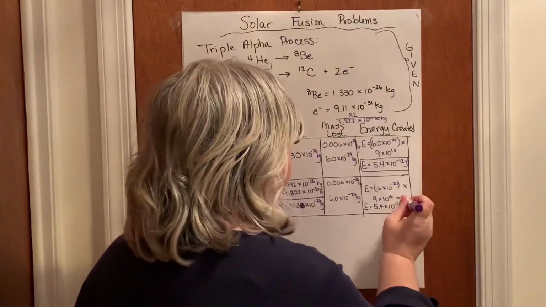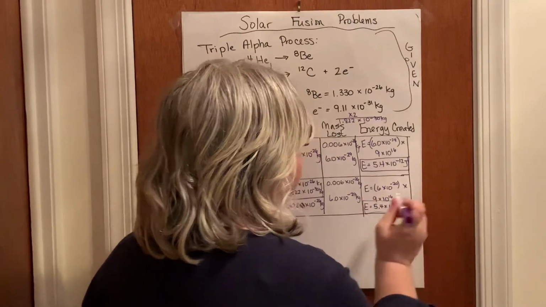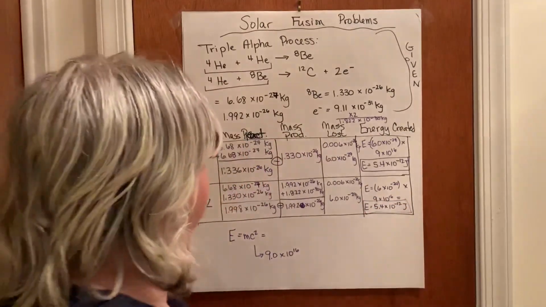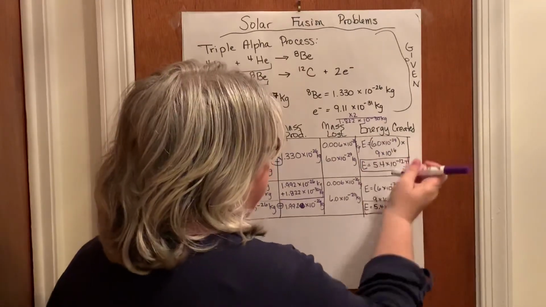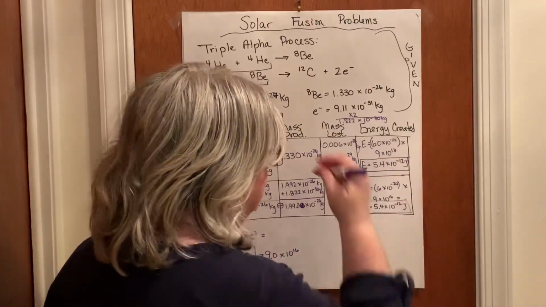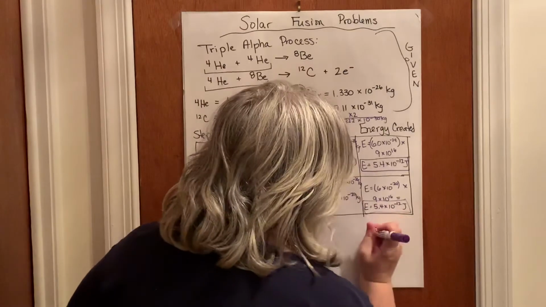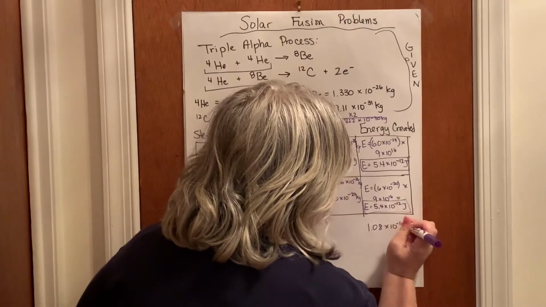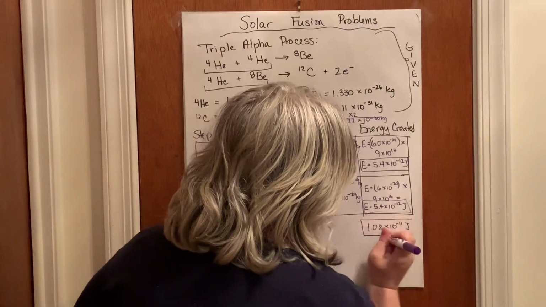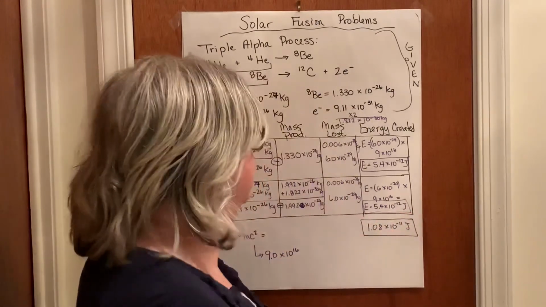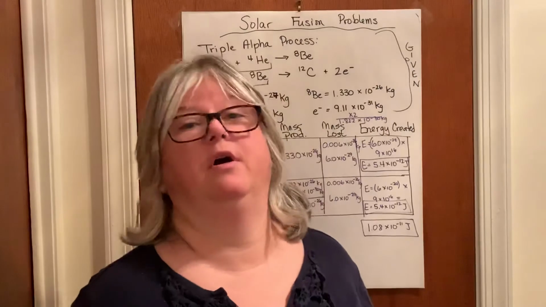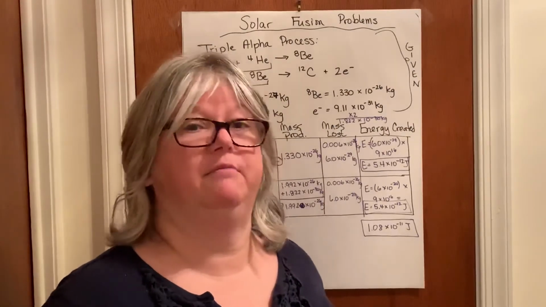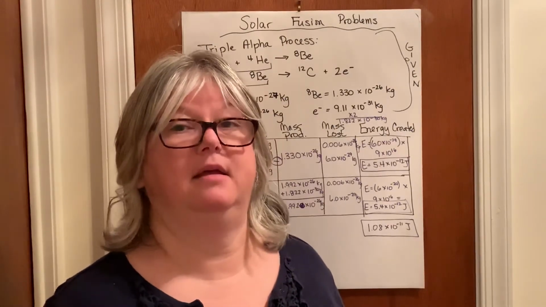So how much total energy does the triple alpha process make? Well, that would just be these two added together, which gives me 1.08 times 10 to the negative 11 joules, which is a lot more than we saw our proton-proton chain reaction make.